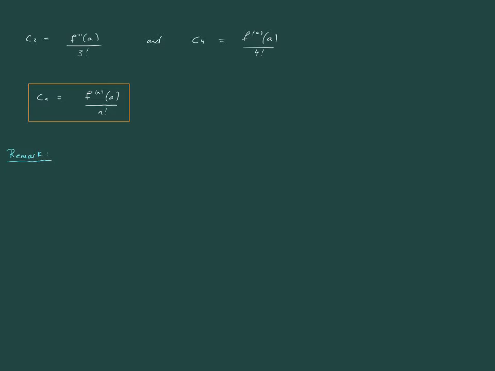So to summarize the significance of this, we will have the following remark. We have shown that if f has a power series expansion at a point a element of R, then it is unique.